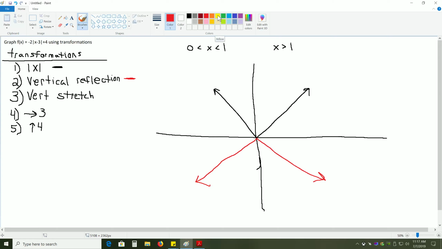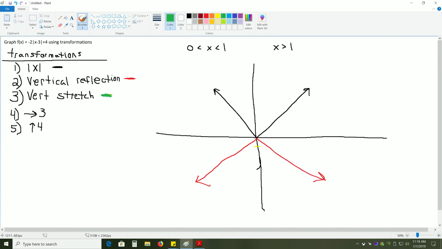Now I'll switch to yellow for the vertical stretch. A vertical stretch literally just means we're going to take every y value and multiply it by whatever number caused the vertical stretch. In essence, we're pulling all of our y values up or down while keeping the x value the same. So for instance, if we consider this point on our red graph, let's say it has a y value of -1, and maybe yellow isn't a good choice here.